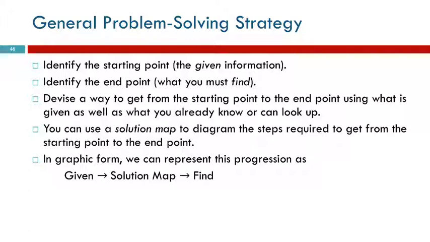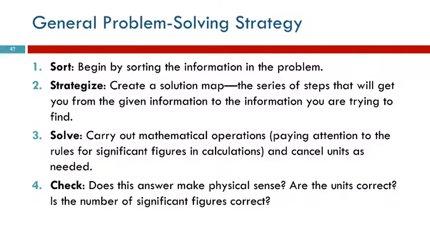I could have gone a couple different ways from where I was near Bloomingdale's over to Starbucks. Just choose the one that makes the most sense to you. You have to know the relationships between the units, though. And so we can see this as given, and then we've got a solution map, and this is what we're trying to find. Oh, so many instructions. Sort, strategize, solve, and check.